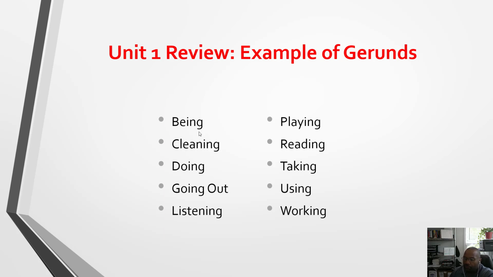So we use listening as the gerund. Playing. The root verb is play, or to play. The next one is reading. It's a noun, but the root verb from that is read, or to read.